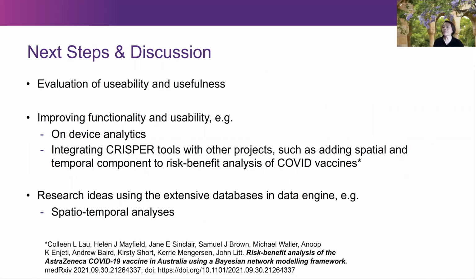So next steps, we are in the process of evaluating the usability and usefulness of these tools. We've had quite generally very good feedback, including from government departments and authorities like contact tracers and people who, during an outbreak, want to make decisions about whether they want to deploy their staff out to certain areas to do non-urgent jobs, like pruning trees, for example.